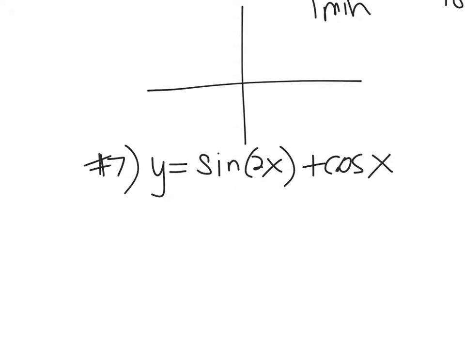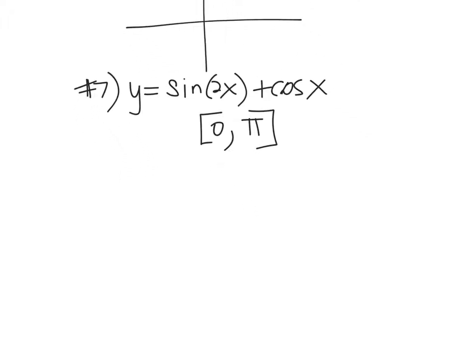I wonder what a good one would be. Pi or something? You need to be in radian mode for this, by the way. All right, so let's do this. I would probably tell you for the interval to be from 0 to pi. Yeah, let's do 0 to pi. I like that.